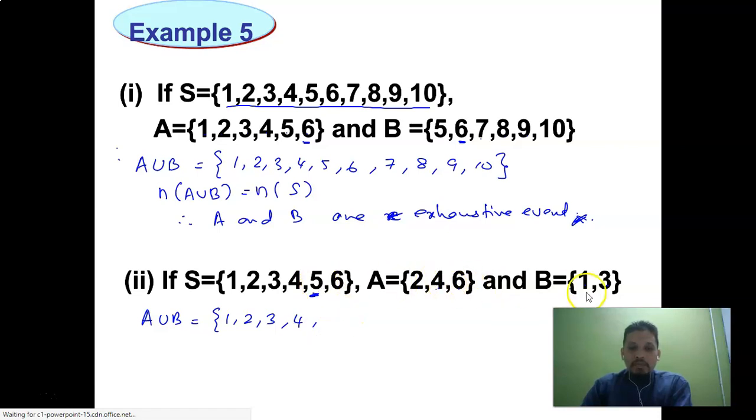There is no 5 here and here, and 6 is not in the list either in event A or B. So then it's not equal to the sample space here. So then A and B are not exhaustive events.